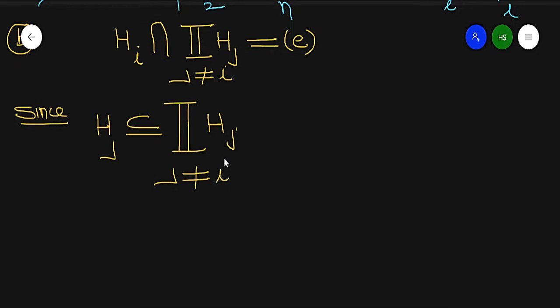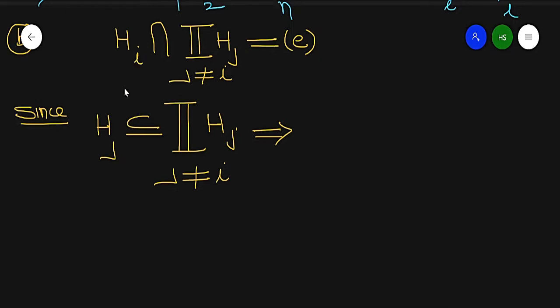So this is a subset of that set, and if the bigger set has intersection with Hi only the identity element, then the smaller set again has only the identity in its intersection with Hi.